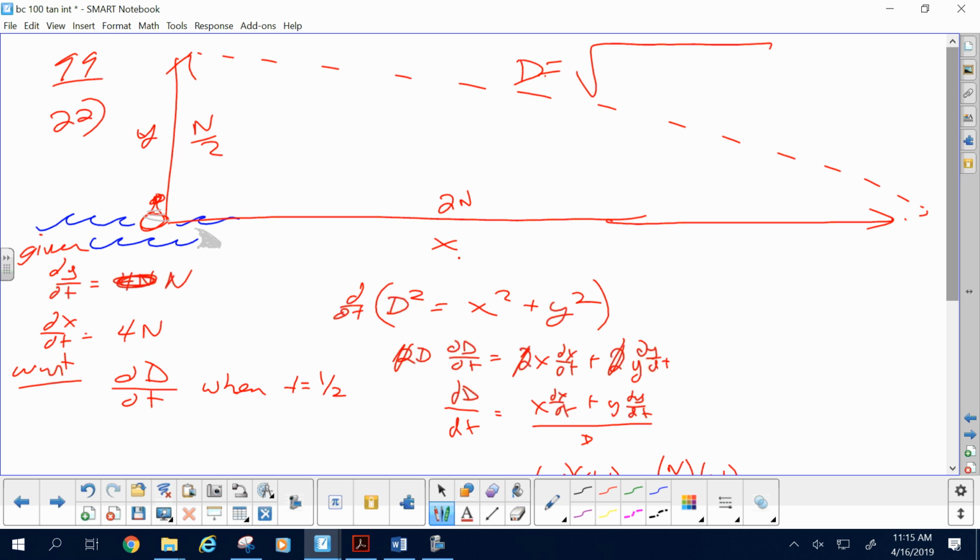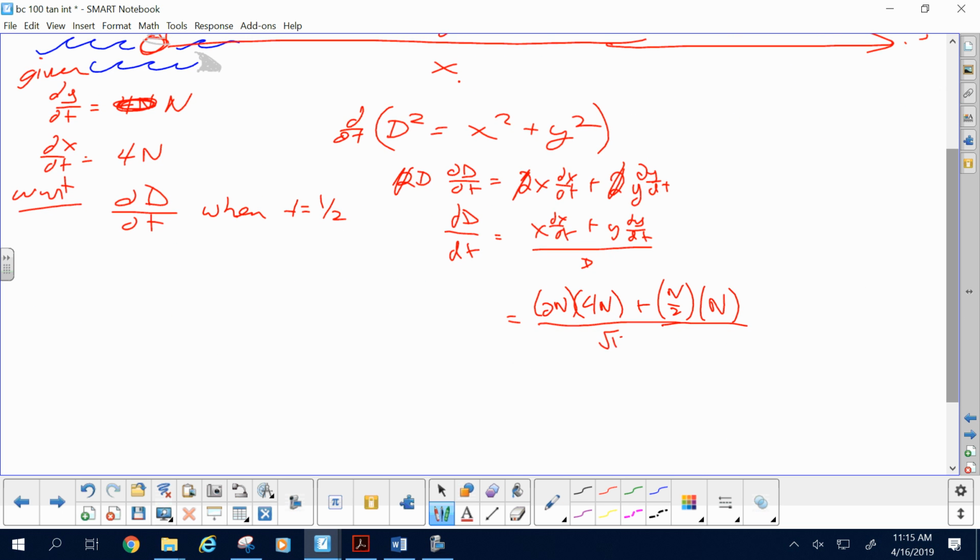Square root of 4n squared plus n squared over 4, right? Which is 16n squared plus n squared all over 4, or 17n squared all over 4, or root 17n over 2.